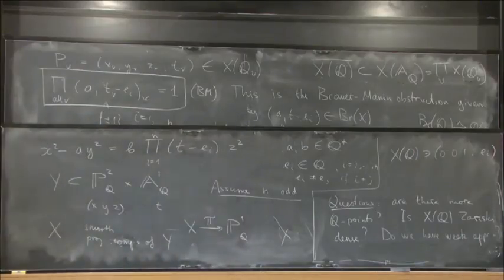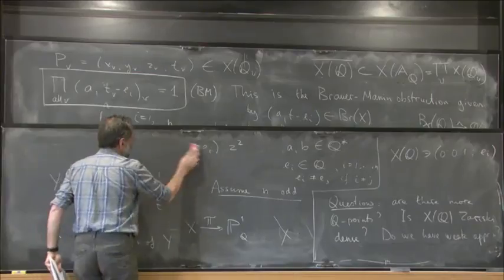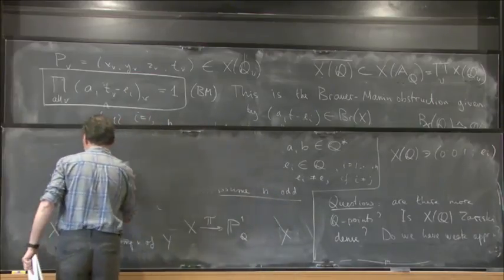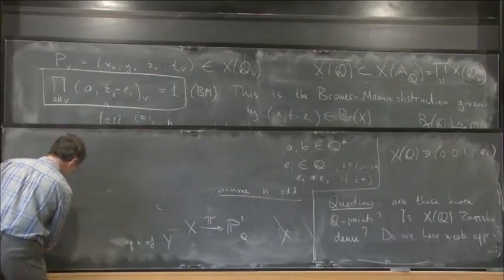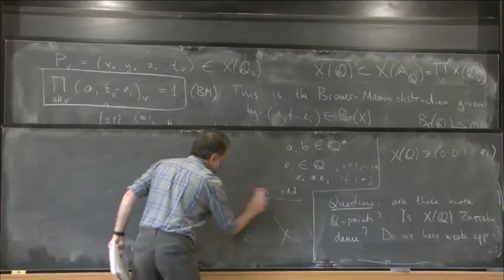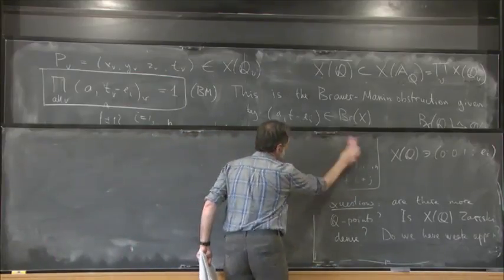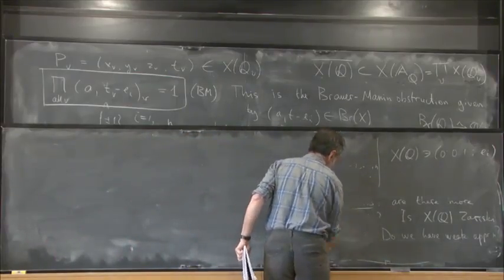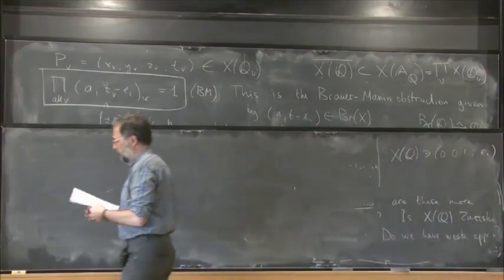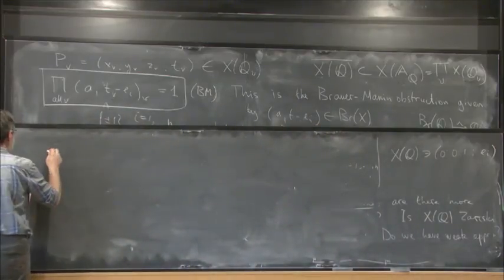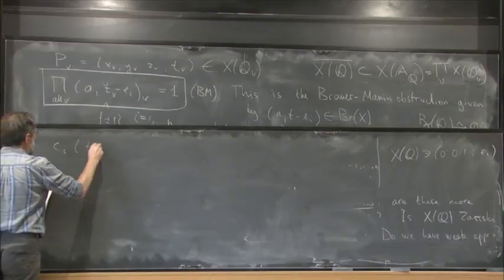In other words, we have found local points on a certain algebraic variety. So let's consider this variety.